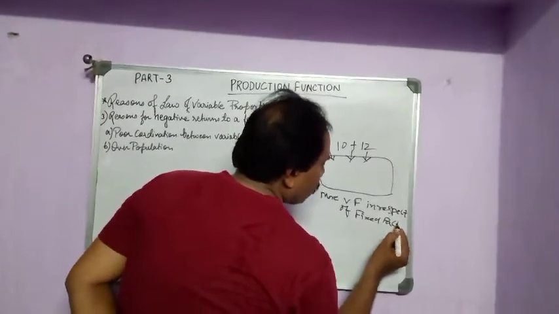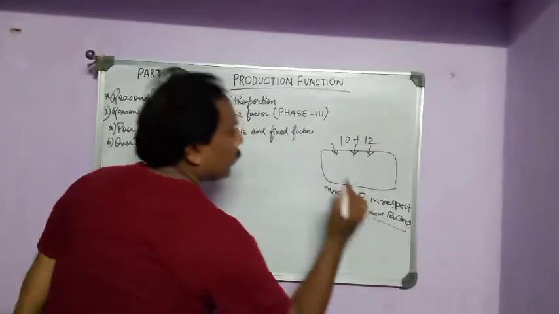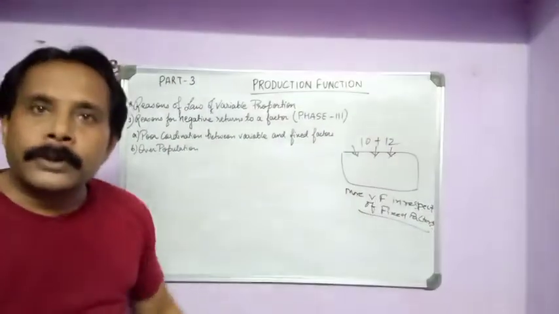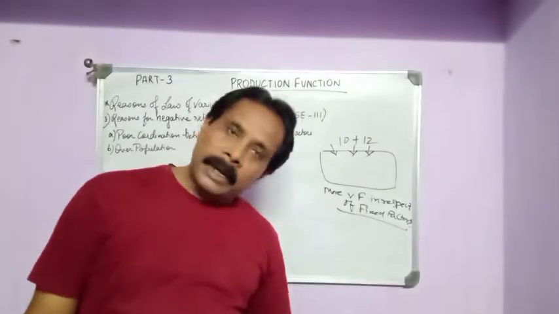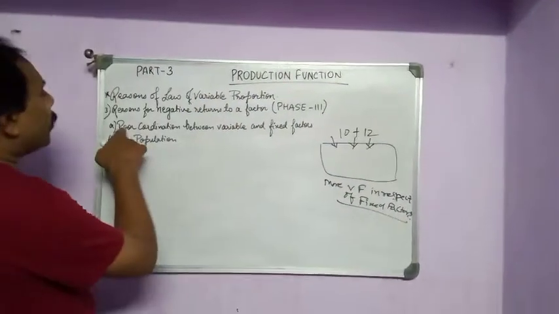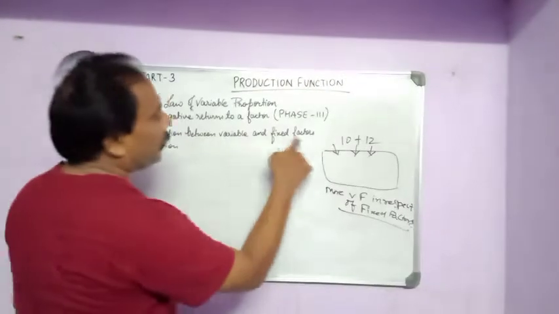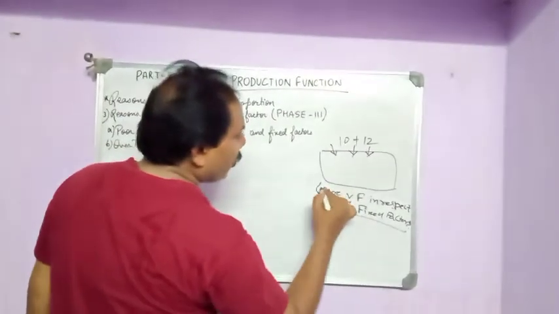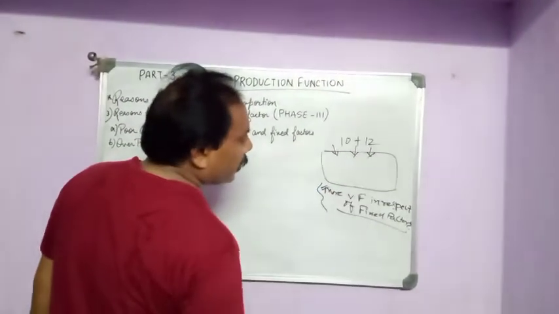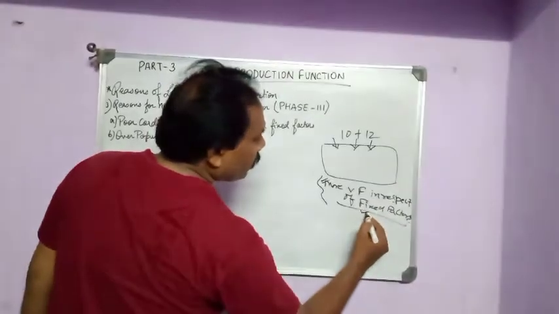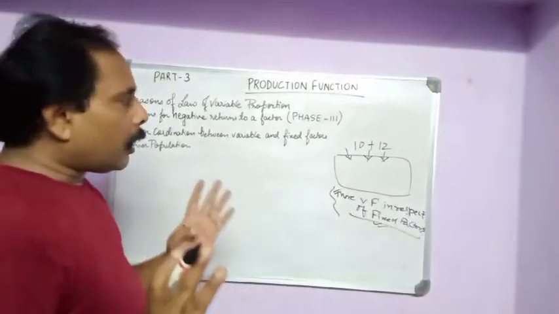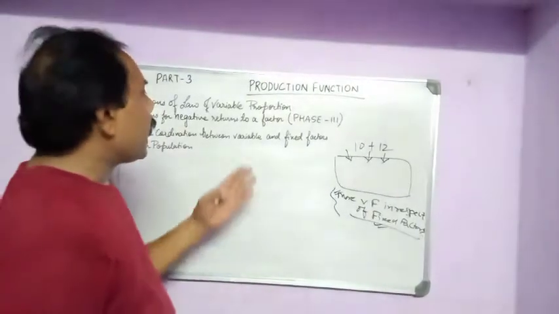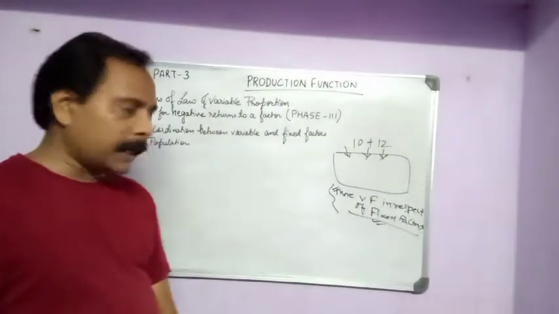Okay, so it will create an obstacle in the production process, and the production will start to decline, and that's why it is called poor coordination between the variable and fixed factors.